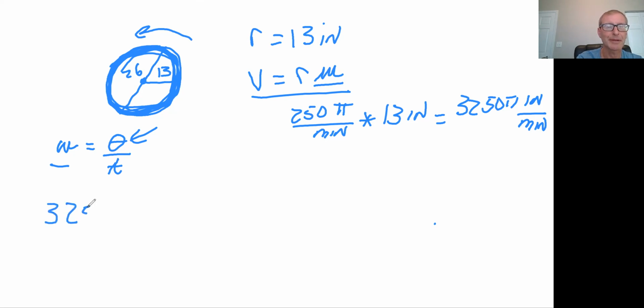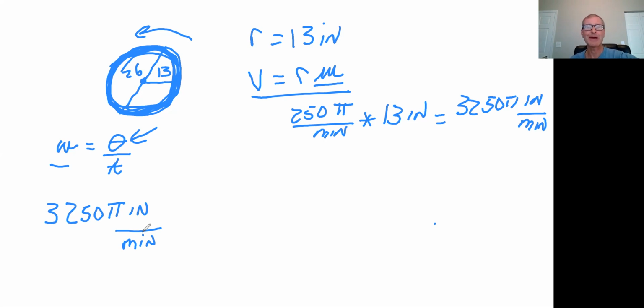So right now we have 3,250 pi, and then we have inches on the top and minutes on the bottom. So we want to convert inches into miles. And the good news is everything's going to be open book, so you can look everything up. So you could look up the conversion factor from inches to miles.